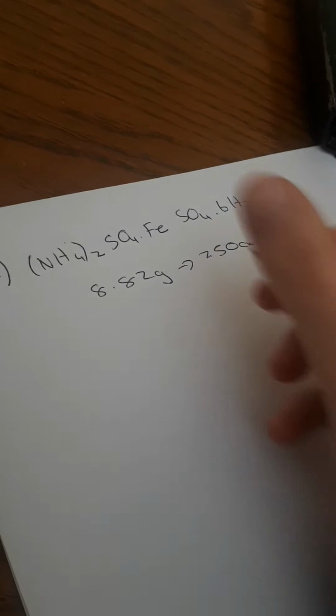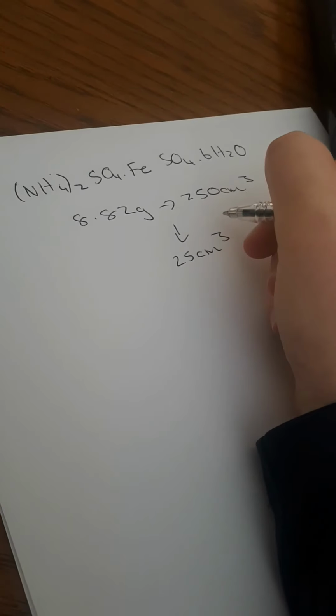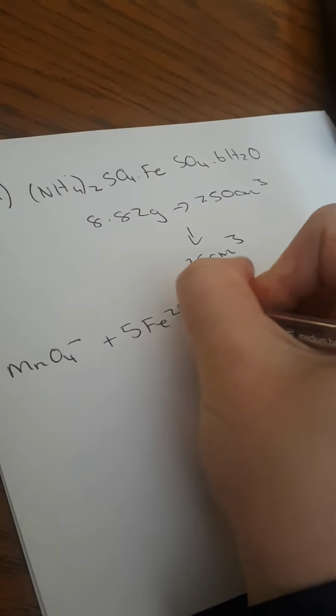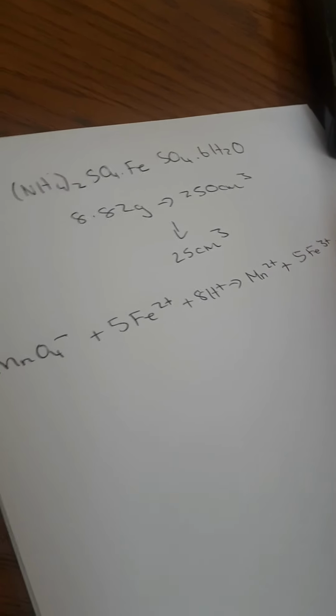Then we're told that of that we use 25 cm³ portions, and we use MnO4- + 5Fe2+ + 8H+ goes to Mn2+ + 5Fe3+ + 4H2O.